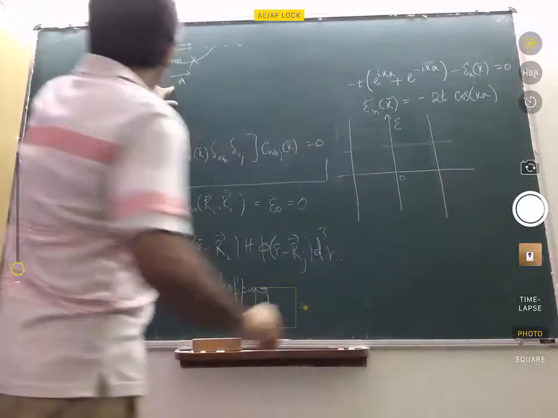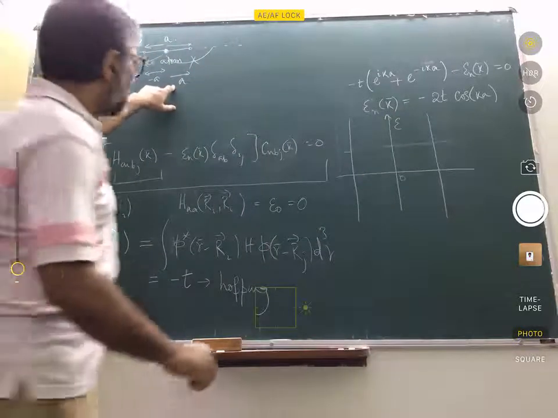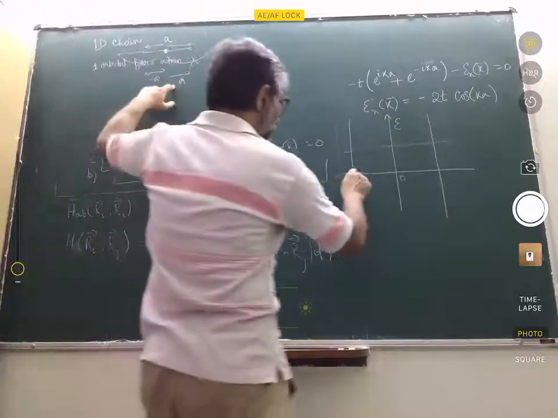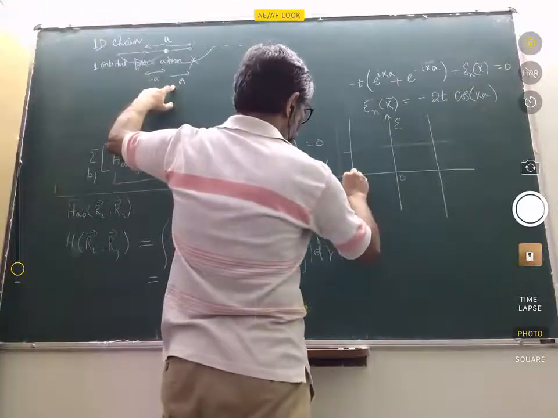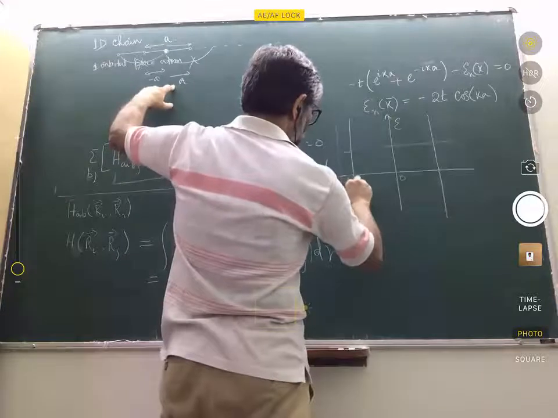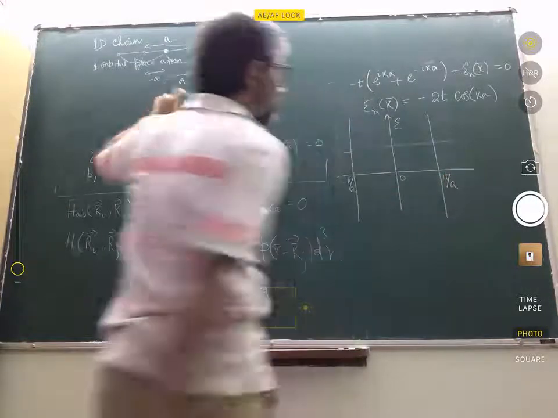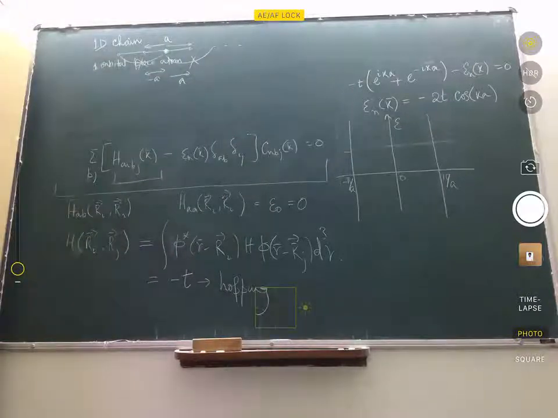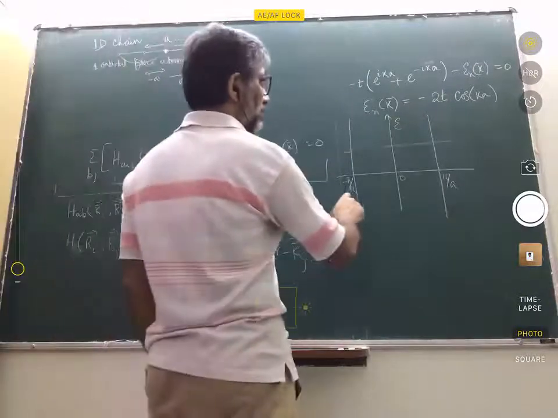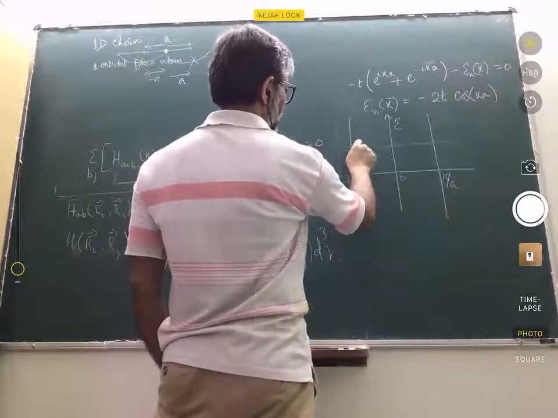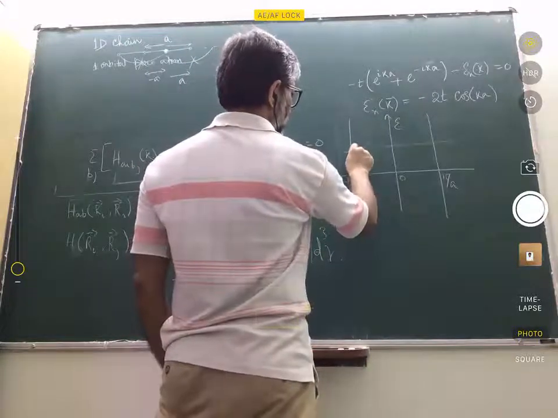So I have a 1D chain with lattice constant a. So my Brillouin zone, the first Brillouin zone, goes from minus pi over a to pi over a. And in this range, this will go something like this.